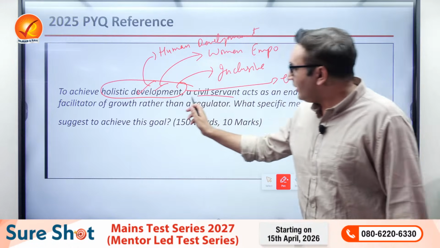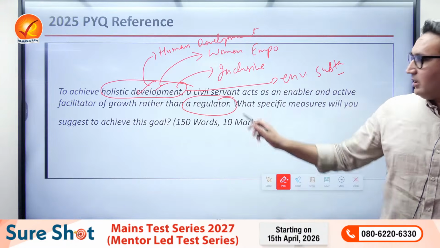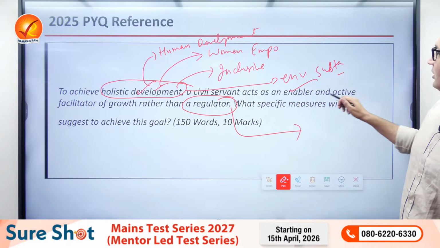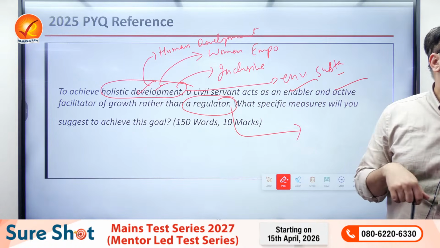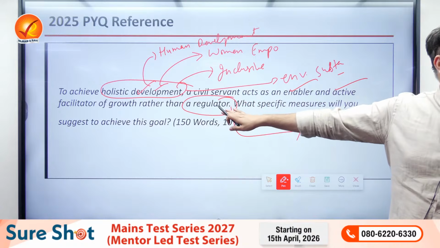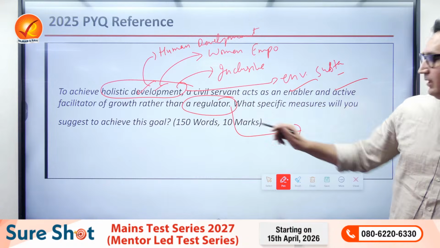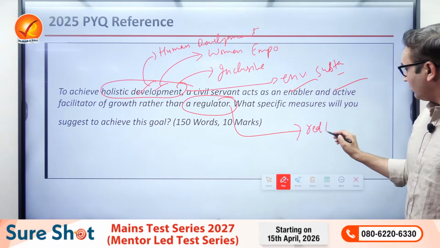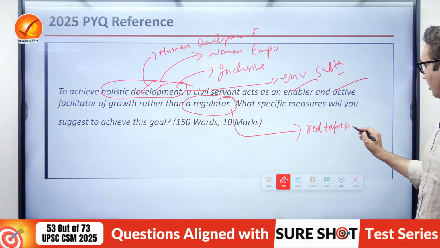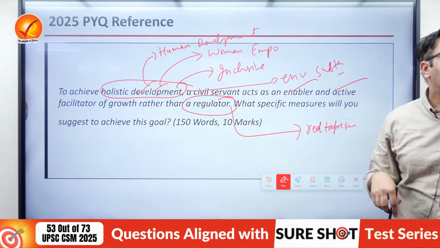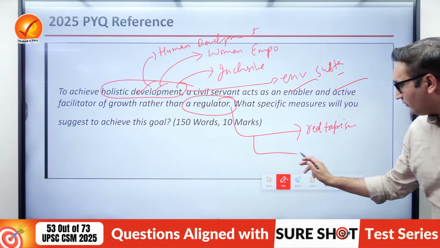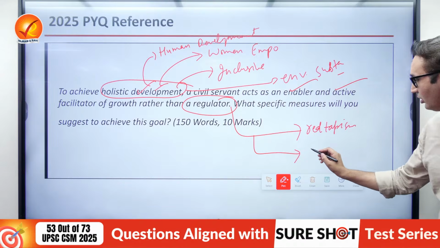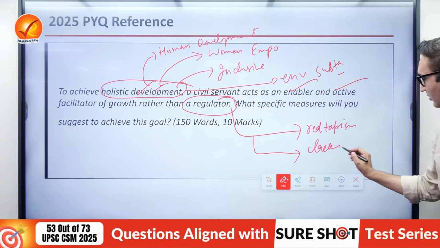Let us take regulator. He is a regulator. Civil servant is not an enabler, not a facilitator, he is a regulator. So does it show the limitations? What kind of limitations will a regulator have? It will show red tapeism, and it will somehow show lack of ease of doing business.